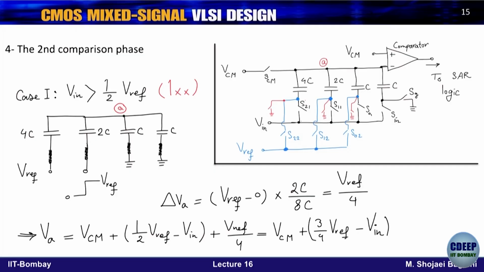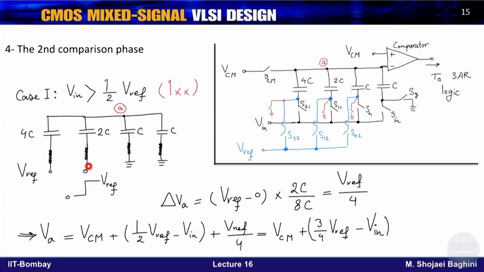So let's assume that V in is more than 1 upon 2 Vref. If V in is more than 1 upon 2 Vref, that means we have to compare it with 3 upon 4 Vref, right? So that means we have to add 1 upon 4 Vref to this circuit. To add 1 upon 4, we don't need to change this because it's already more than 1 upon 2 Vref, so we have to keep that. But now we add 1 more Vref to the capacitor 2C.